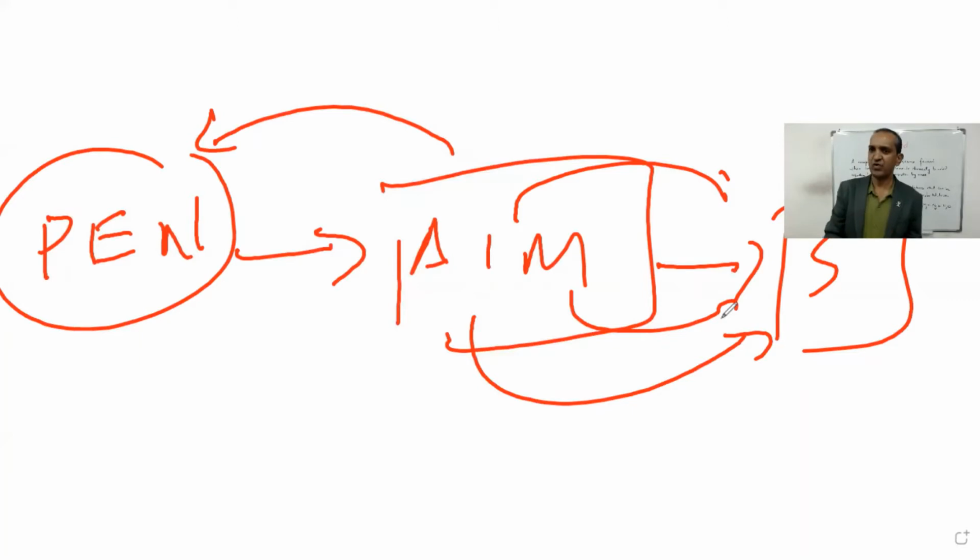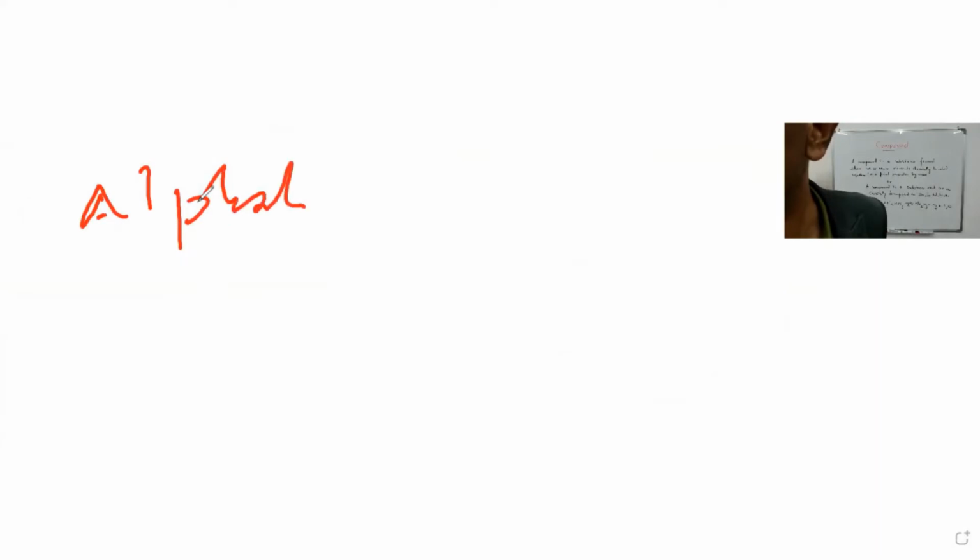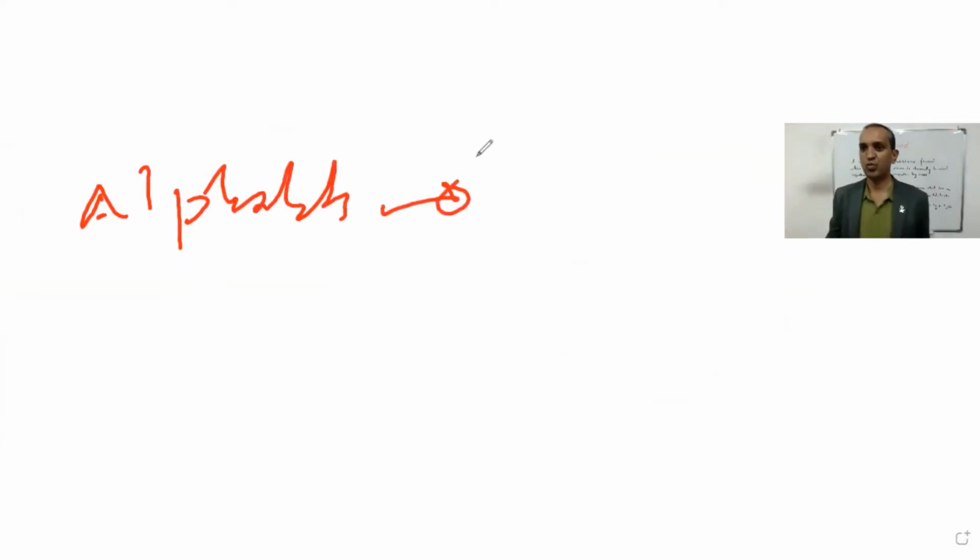Now, keep this in your mind, and coming to the next, a language is constituted of basic 3 elements. So, the first is alphabets. And the next is words.